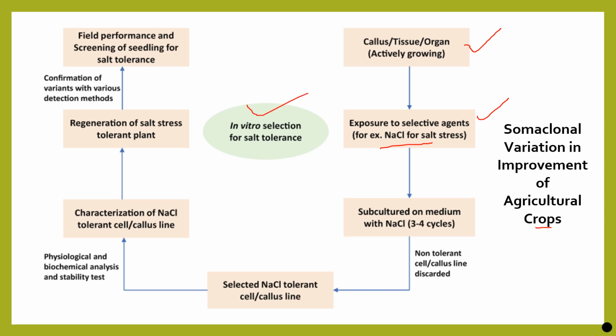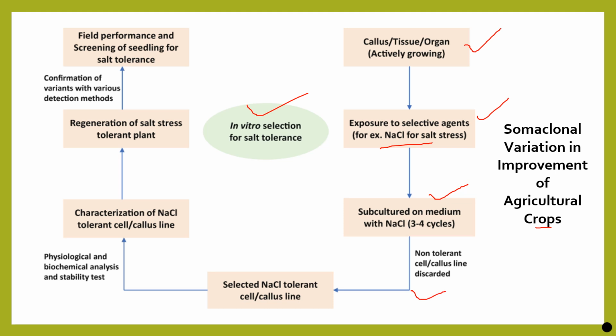Before that, we learned about toxicity of microorganism, right? Now we are taking salt tolerance as an example. After exposure of the selective agent to the callus, we subculture the survived callus in the selective media, which contains NaCl. We'll subculture it 3 to 4 times, right?